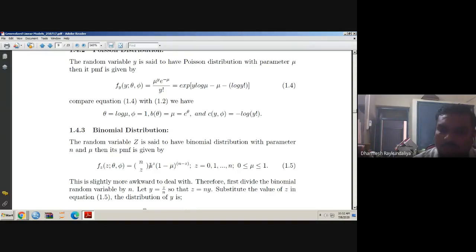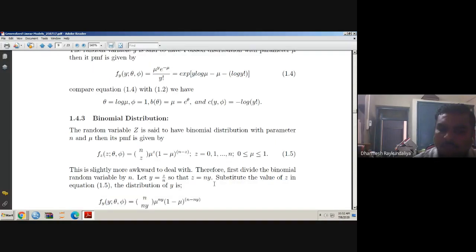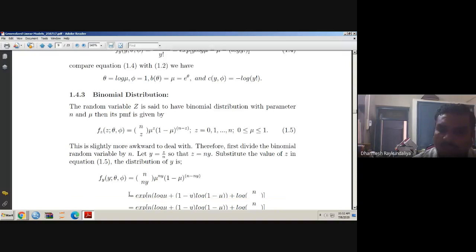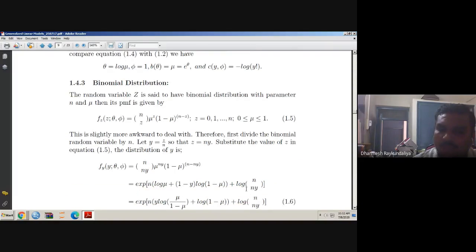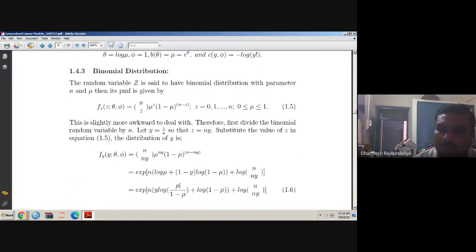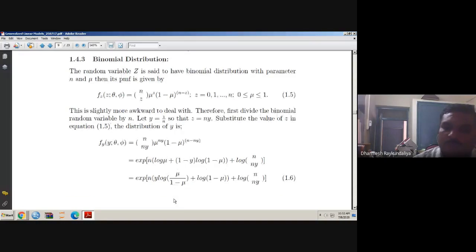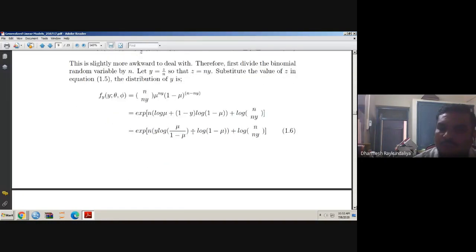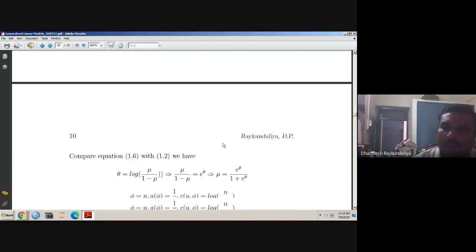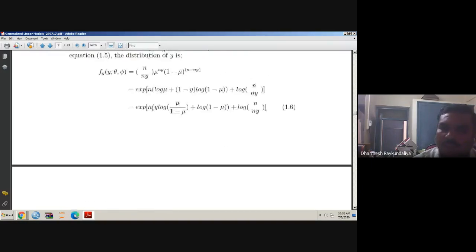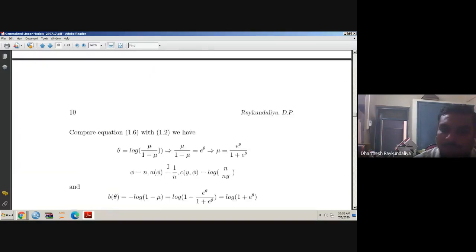Instead of z, we write y equal to z by n, so z equal to ny. So we write in this form, then convert to the exponent form and compare, and we find that theta is equal to log of mu upon 1 minus mu, b(theta) equal to minus log(1 minus mu), phi is equal to n, and a(phi) is equal to 1 by n.